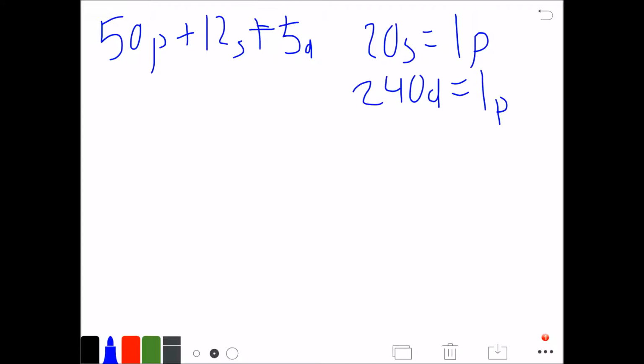So 12 shillings out of 20, and you want to convert this all into pounds, by the way. So 50 pounds plus 12 over 20, because 20 shillings equals 1 pound. That's just 3 over 5 pounds, plus 5 pence. So 5 over 240. If you simplify that, you get 1 over 48 pounds.